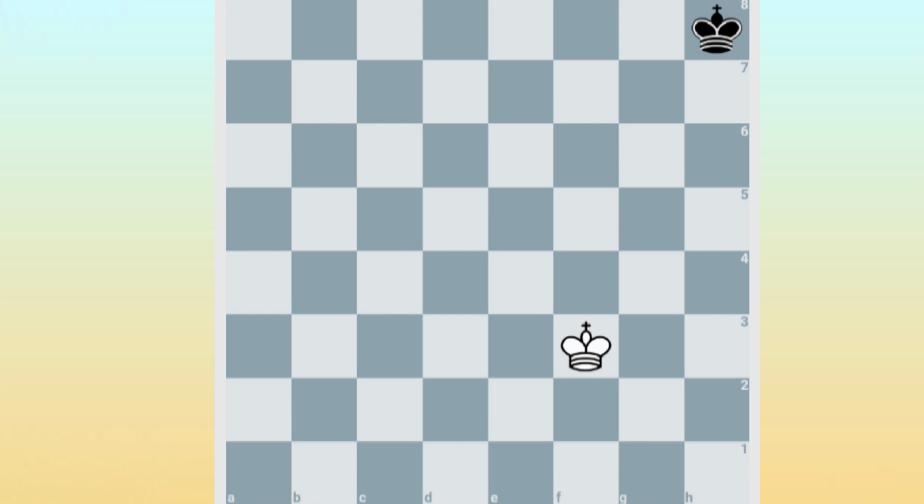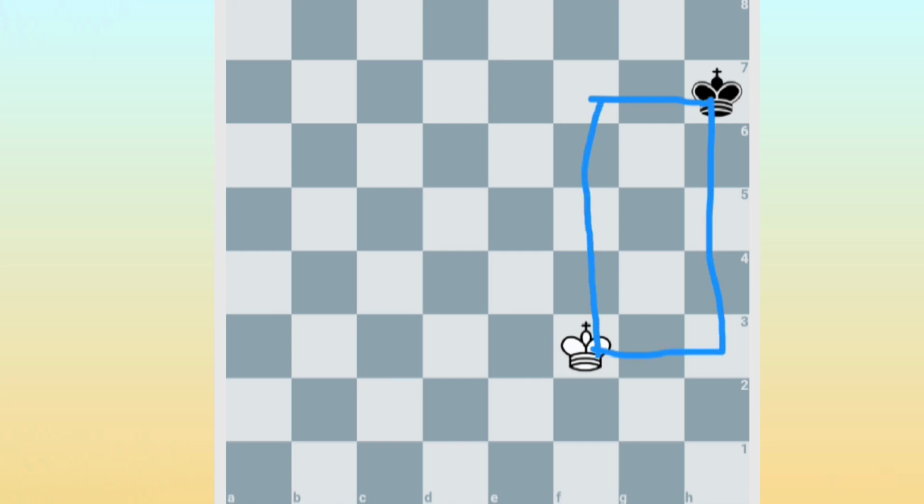Now the black king can take the opposition by moving to h7, because the black king moves to a square where he can form a rectangle, and all four corners of the rectangle have the same color. As you can see, all four corners of the rectangle are white, and the black king forms the rectangle.